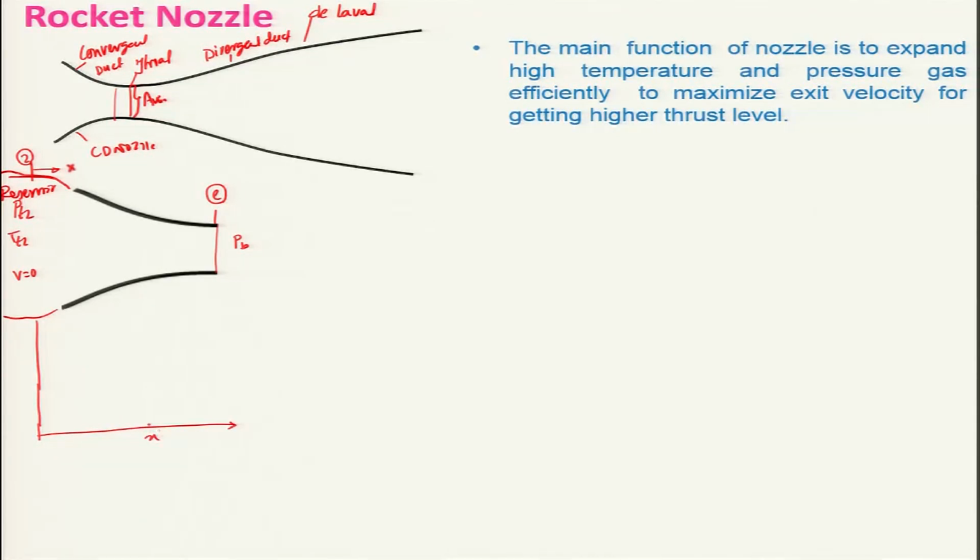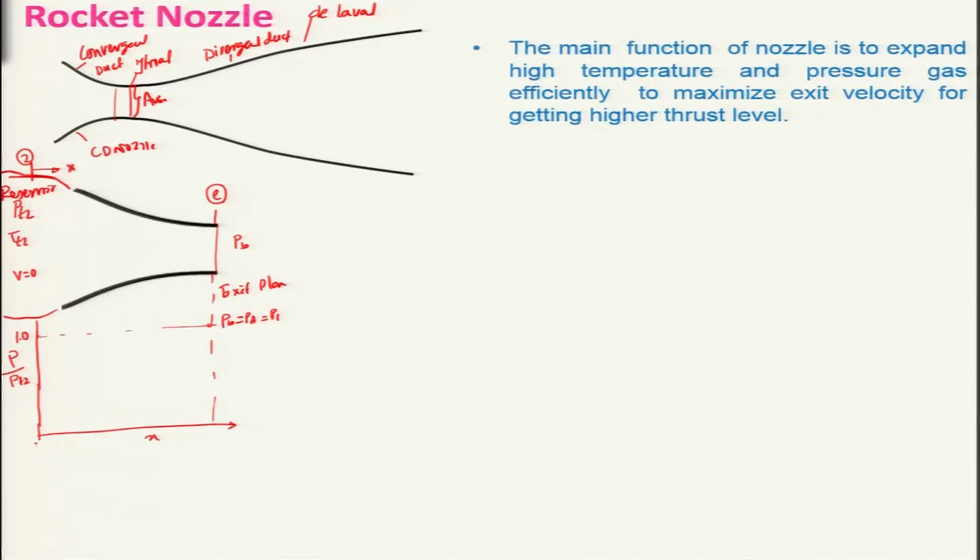If I say this is the x direction and this is the exit plane of the nozzle, and this is P by PT2, and if I say this is equal to 1, this is the condition where PB is equal to PE is equal to PT. There is no flow taking place.